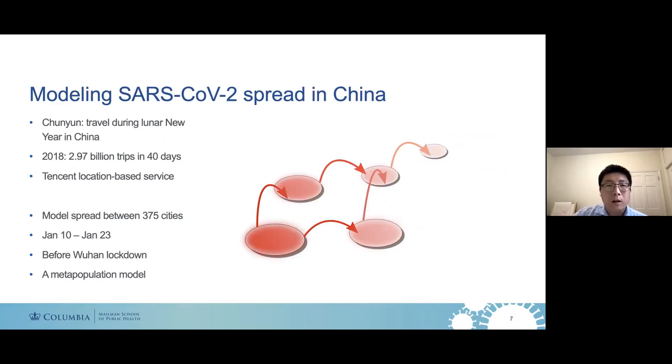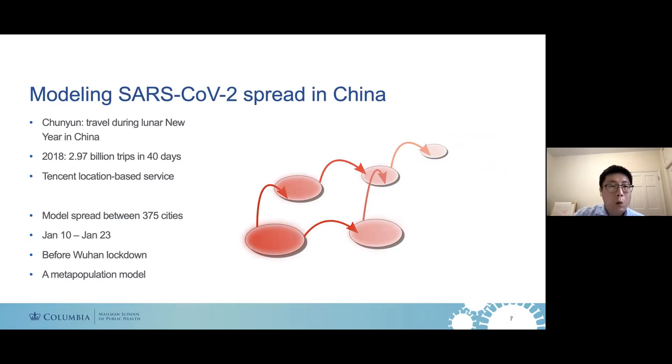This outbreak occurred during a very special time period in China, Chunyun, which is defined as the travel during Lunar New Year in China. In 2018, there were about 3 billion trips in just 40 days. So it's a massive population migration across the country, which can greatly facilitate the transmission of disease.